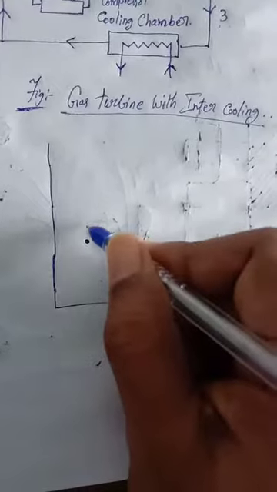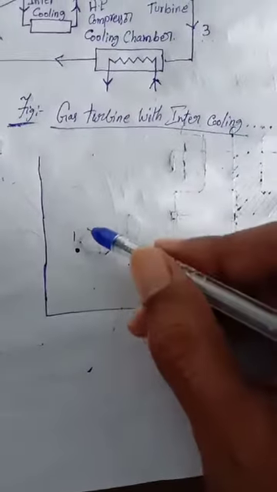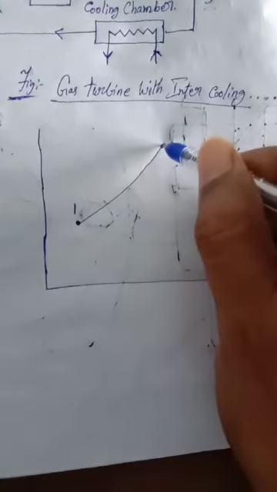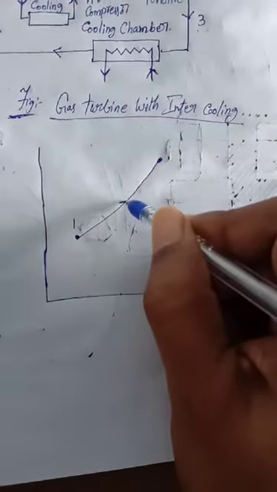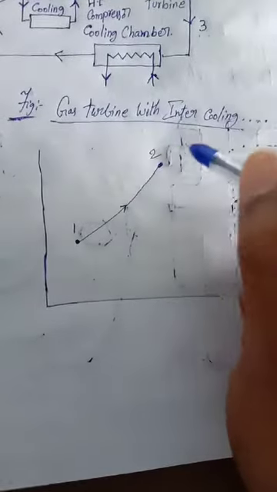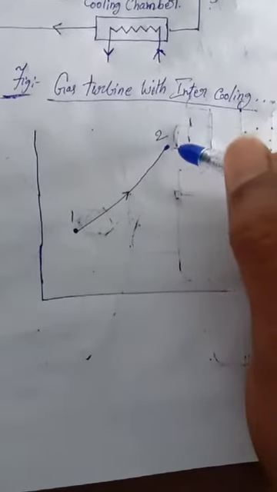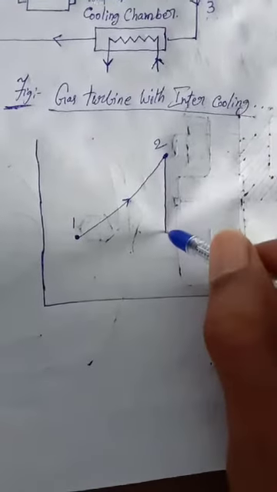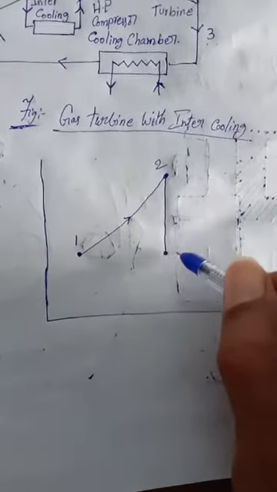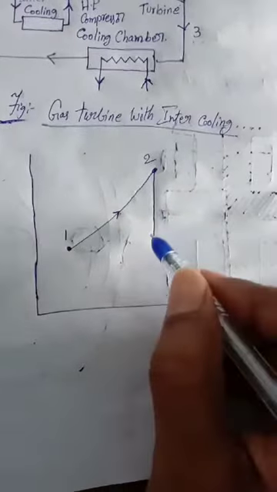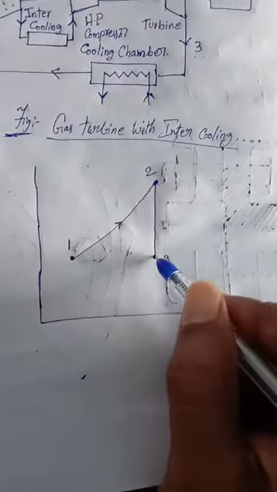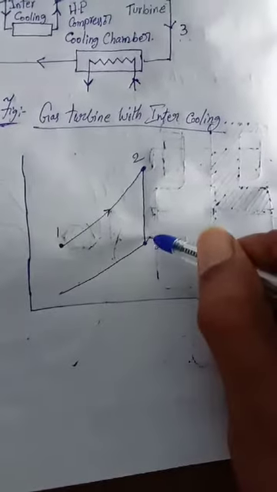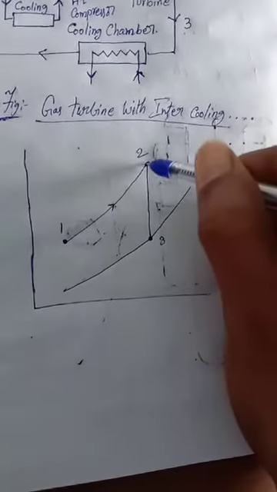This is 1, 2. So now this is called 2, and then 2 to 3. So here we take, this is called 3 and this is pressure.